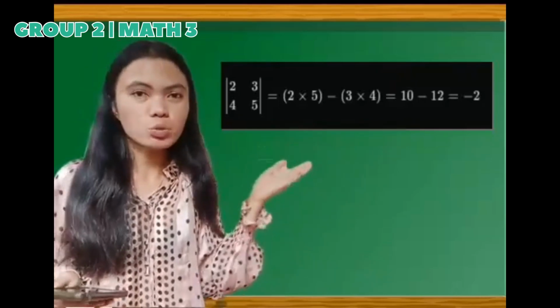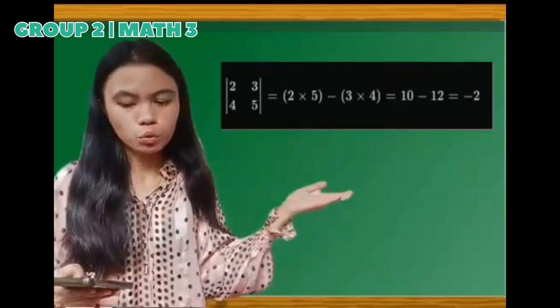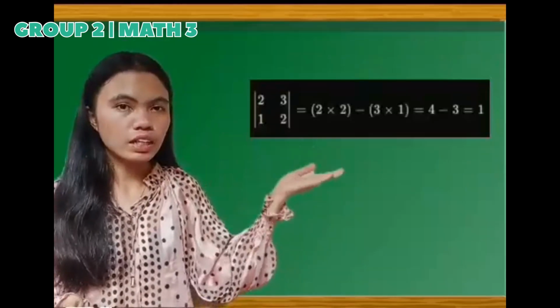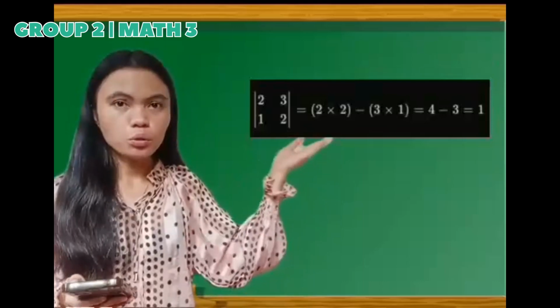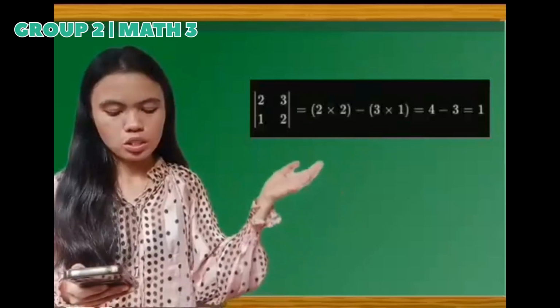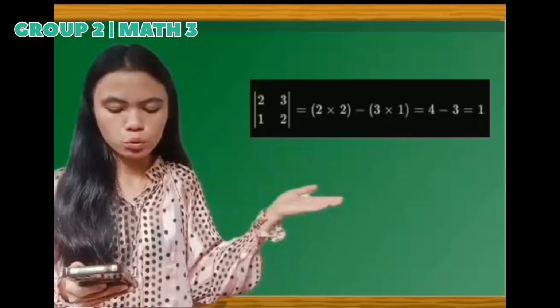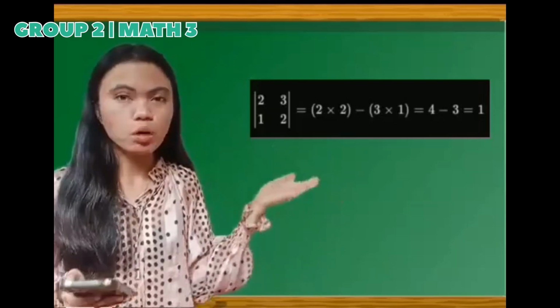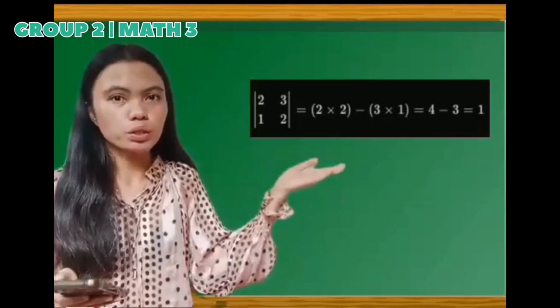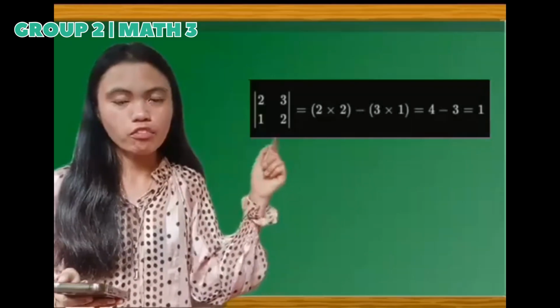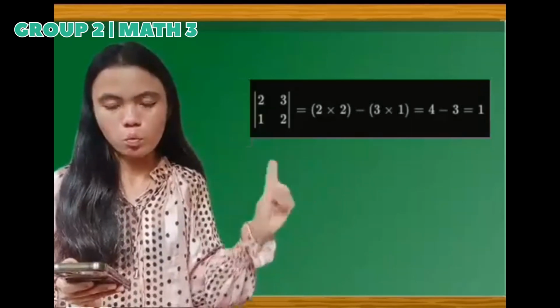So 10 minus 12 equals negative 2. Next, we will find the determinant of this matrix, 2, 3, 1, and 2. The determinant of this matrix is 2 times 2 minus 3 times 1. 2 times 2 equals 4 and 3 times 1 equals 3. So 4 minus 3 equals 1.